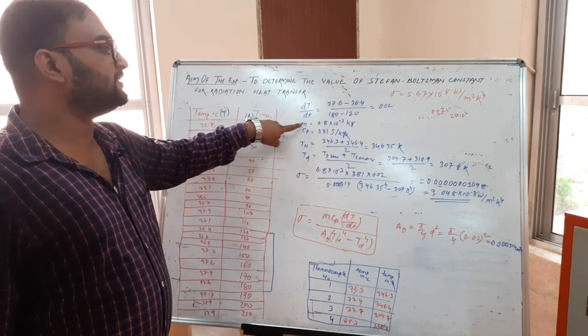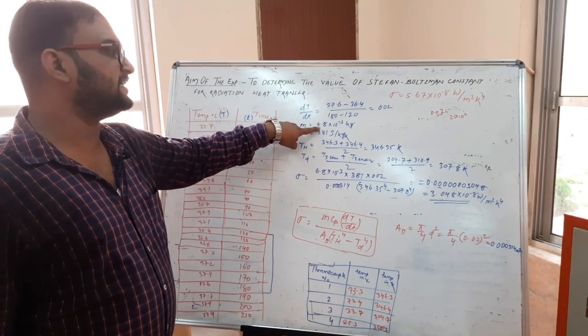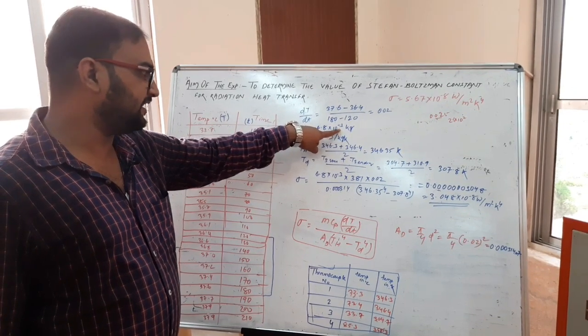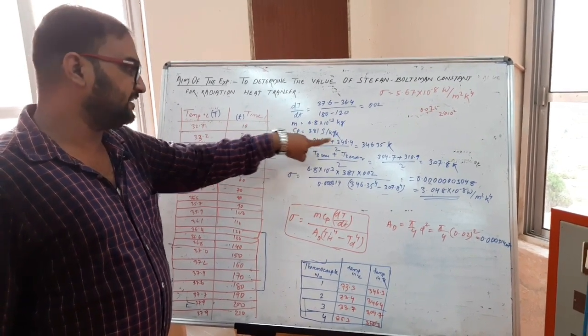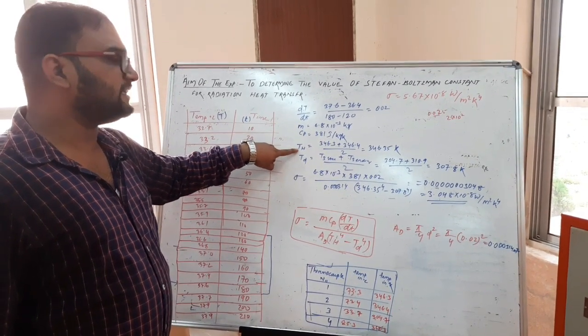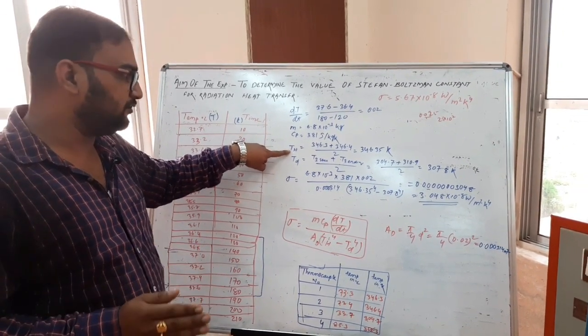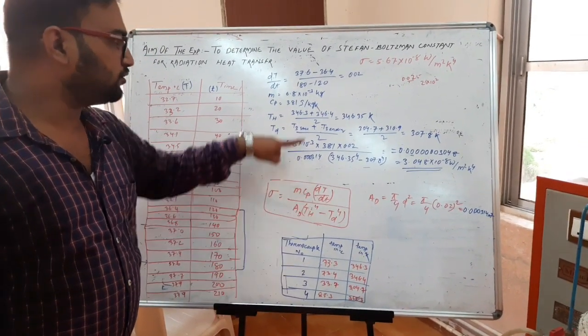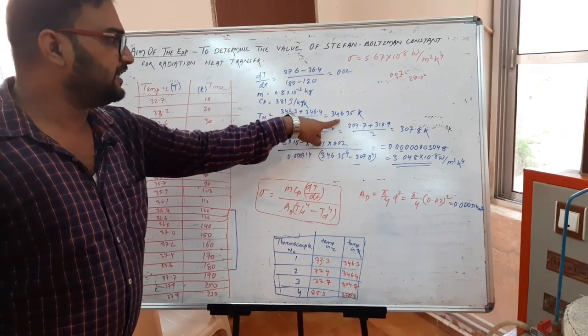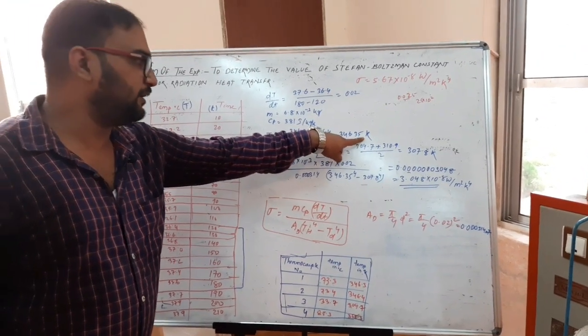As you know, m is equal to 6.8 gram, that means 6.8 into 10 to the power minus 3 kg. The Cp value is equal to 381 joule per kg Kelvin, and Th, the hemispheric average temperature, is equal to (T1 plus T2) divided by 2. In Kelvin that value will be 346.35 Kelvin.